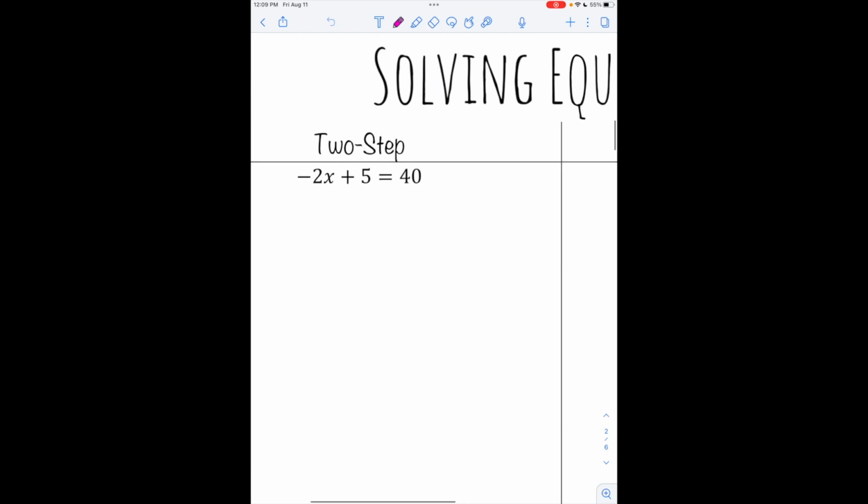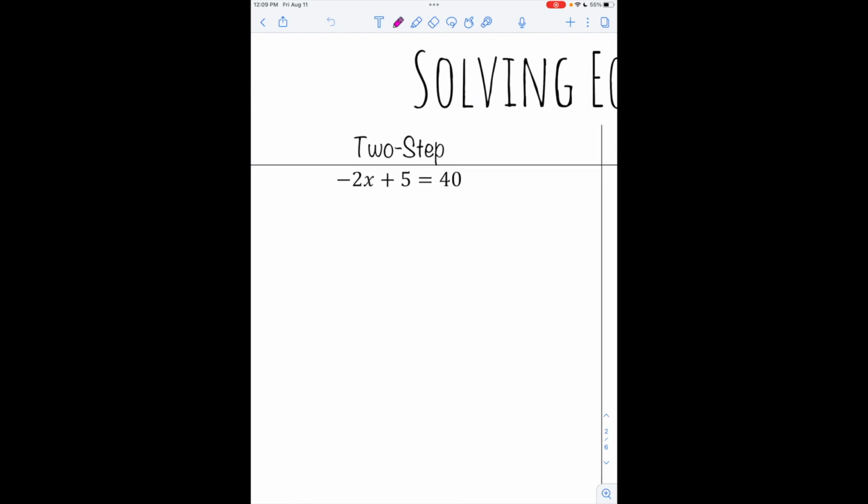So for a two-step, I want to start with subtracting my 5. I always do the opposite of what I see, and I do whatever is away from the x. So I'm going to cancel out that 5. So I've got negative 2x equals 35.